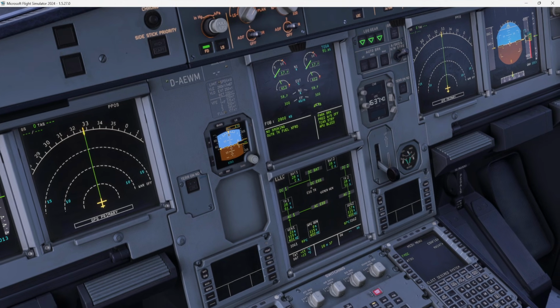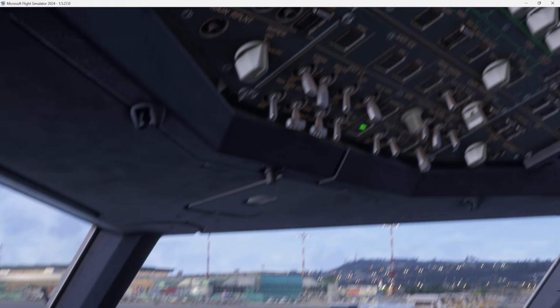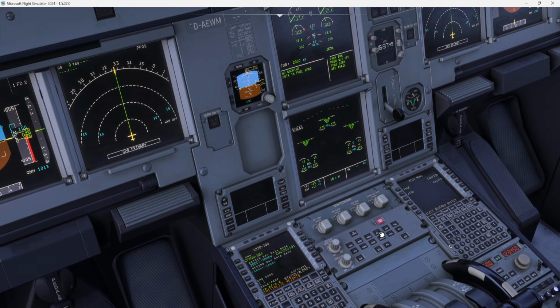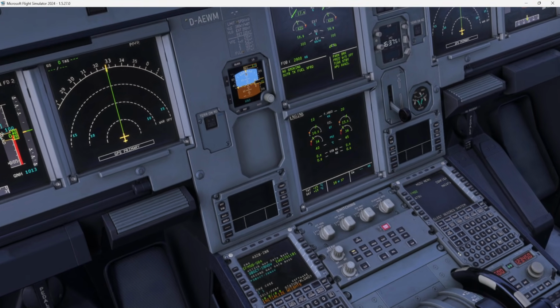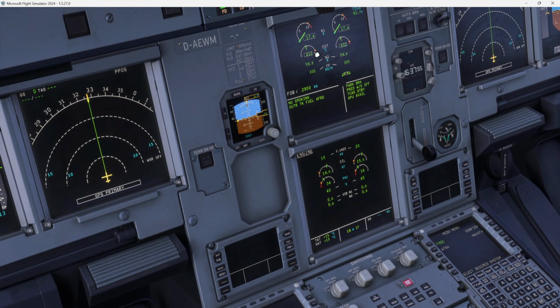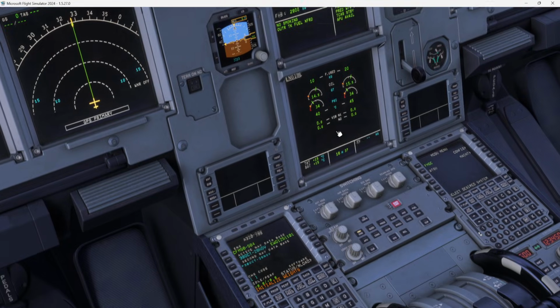So we have a good start. Now we can deactivate the APU bleed and APU, and now the engine is running good, and you can see here everything looks good, no vibration. EGT looks good, N2 looks good at idle position, N1 also looks good.